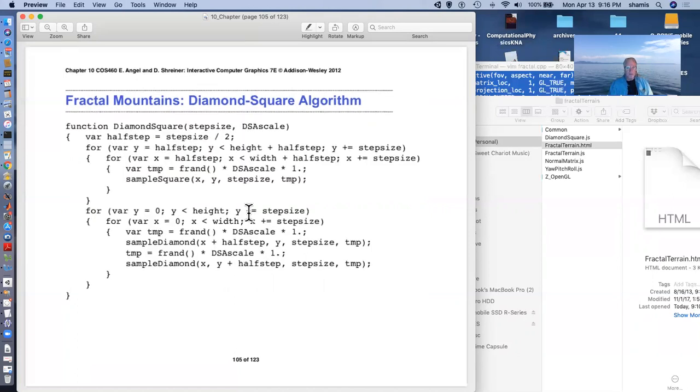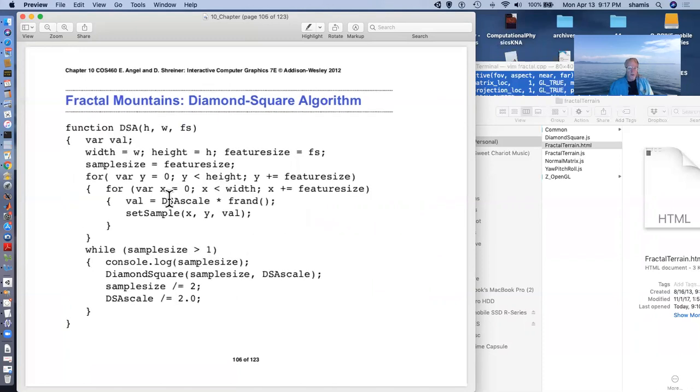So our diamond square algorithm consists of a sequence of square and diamond operations. This would be one iteration of it where we do a sample square, and then we do a sample diamond. Again, these are our random numbers, FRAND with some scaling factor.